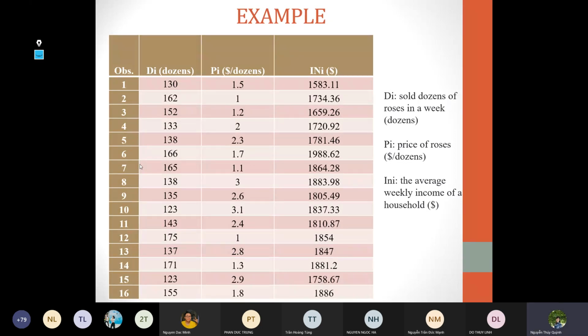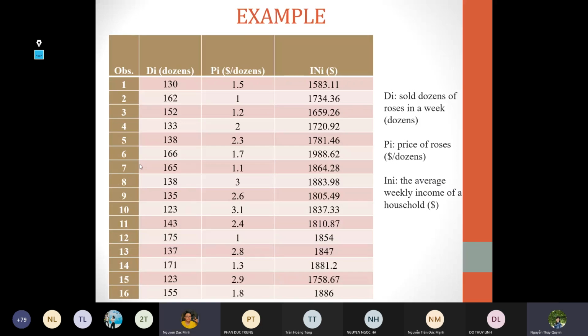Now, based on relevant economic theories, what do you think will be the dependent variable and what will be the independent variables here? The income will be the dependent variable, and D_i and P_i will be the independent variables. Now, why?